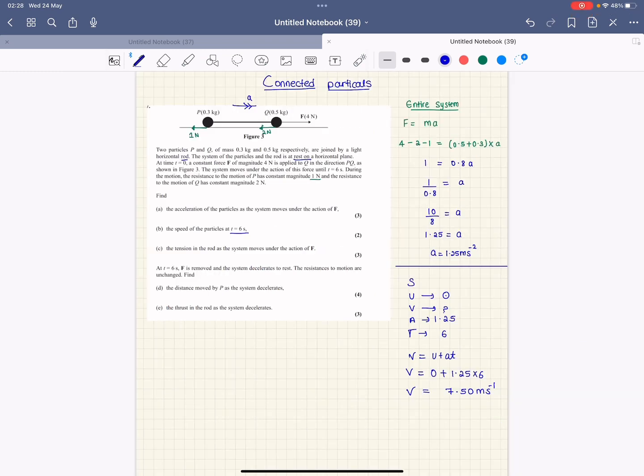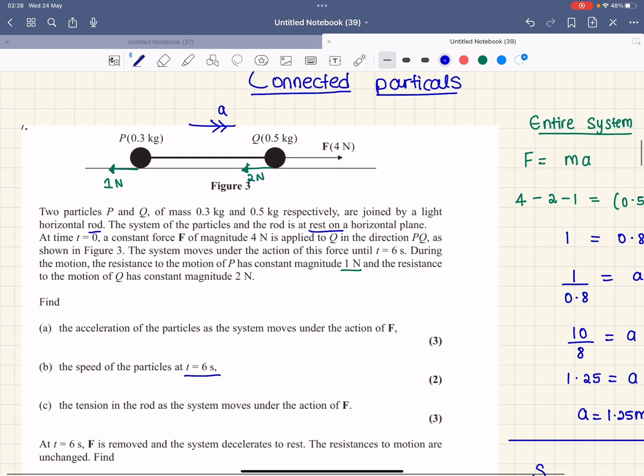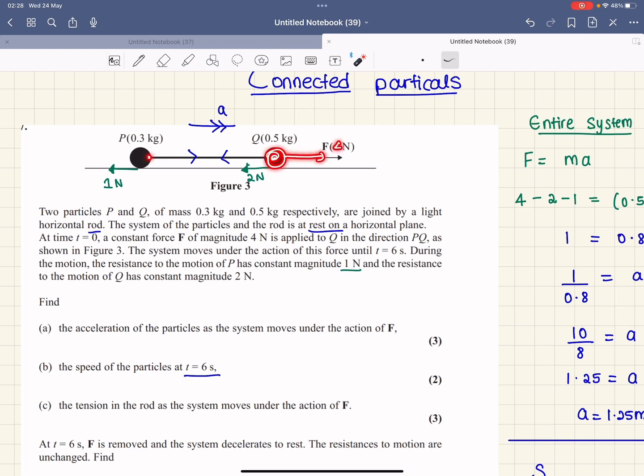Part C is asking the tension in the rod as the system moves under the action of F. So originally, I did not mark the tension. So tension is a pull. So this object is being pulled by the force that was given here, the 4 Newton, and likewise this object is going to be pulling this object.